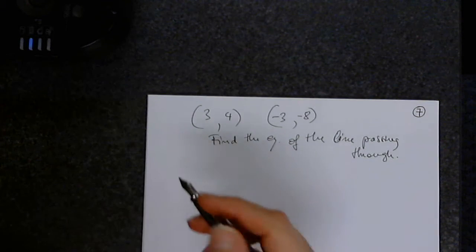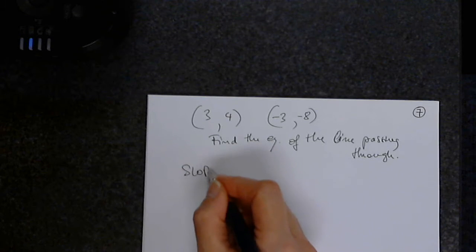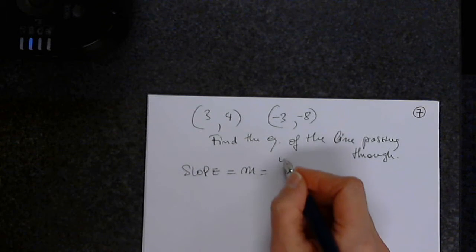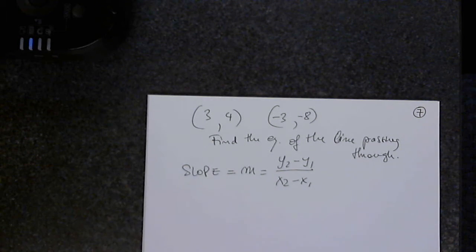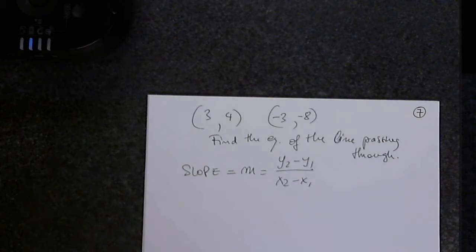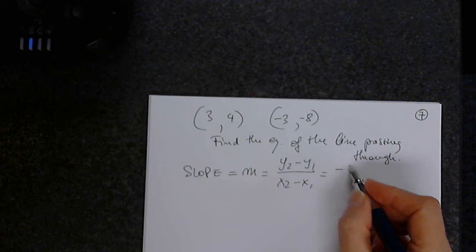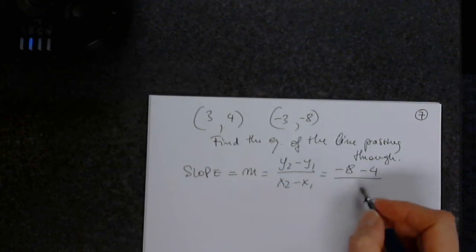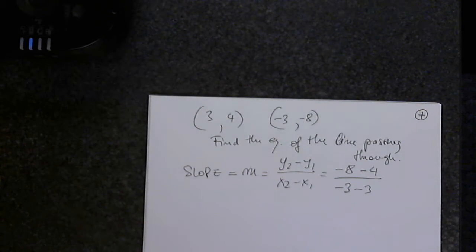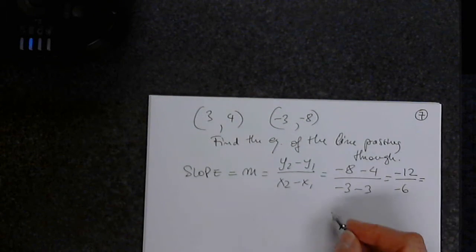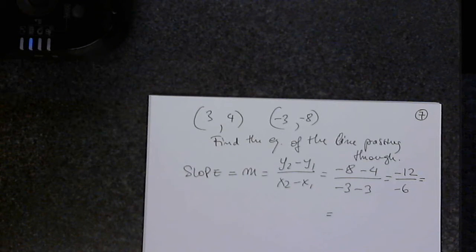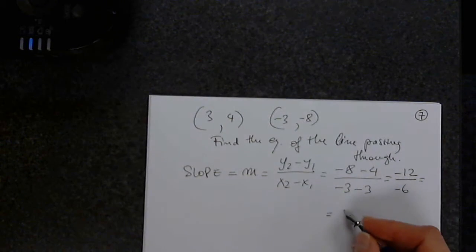So this is important. So the slope is m, which is y2 minus y1 over x2 minus x1. So rise over run. Difference in y's first and over difference in x. So yes, I will write negative 8 minus 4 divided by negative 3 minus 3. The top is negative 12, the bottom is negative 6, and the slope is a nice slope of 2.